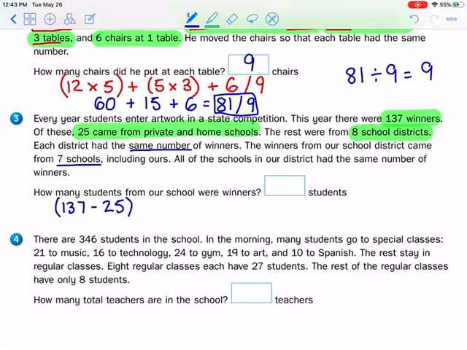And then, whatever this total is, it says the rest were from 8 school districts. So we have to take that total number and divide by 8. Now, it says each of those 8 school districts have the same number of winners. The winners from our school district, which is one of the 8, came from 7 schools, including ours.